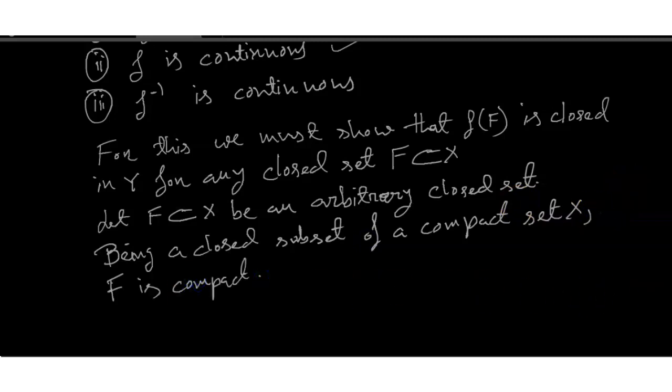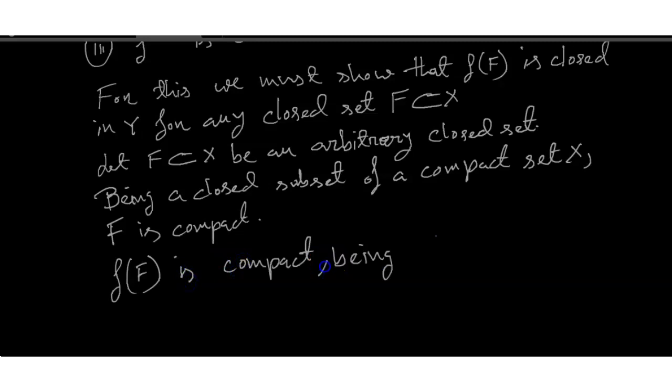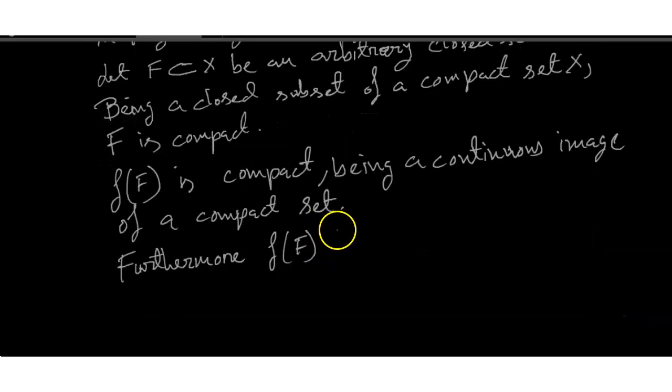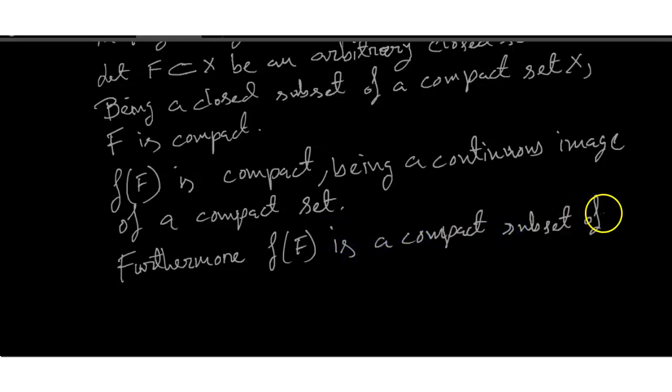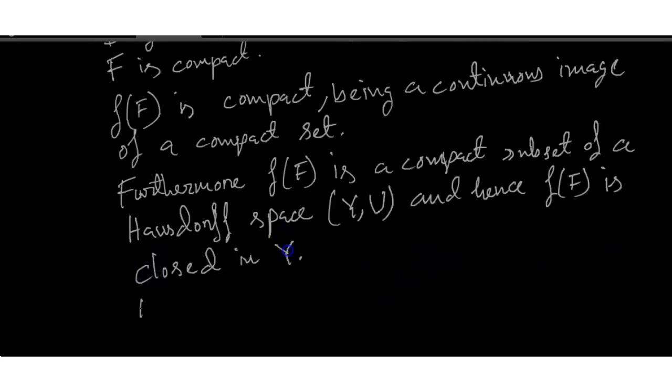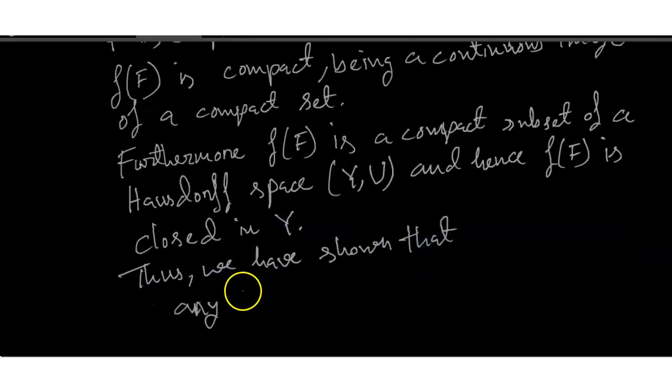So F is compact, and f(F) is compact, being a continuous image of a compact set. Furthermore, f(F) is a compact subset of a Hausdorff space Y, and hence f(F) is closed in Y. Thus, we have shown that any closed F subset of X has f(F) closed.